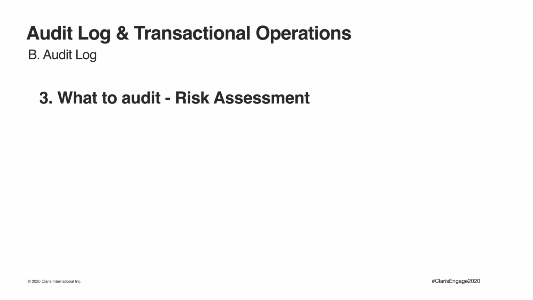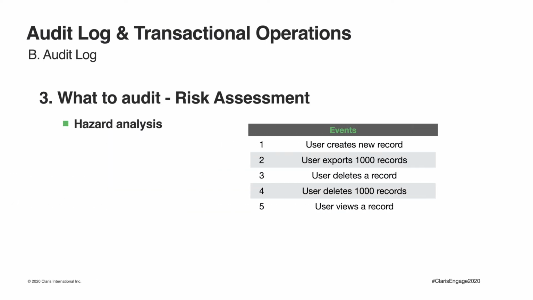What to audit? Logging everything can be expensive to maintain, enormous to manage, and possibly pointless. On every occasion, developers need to appropriately evaluate what's important to be logged and create a risk assessment on what's important to audit. This is the hazard analysis.